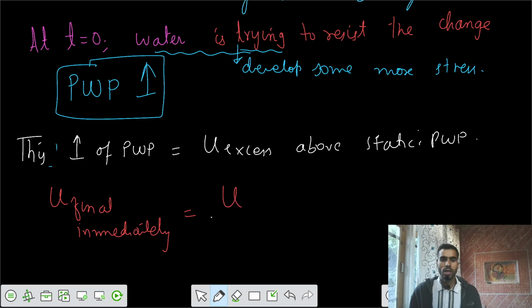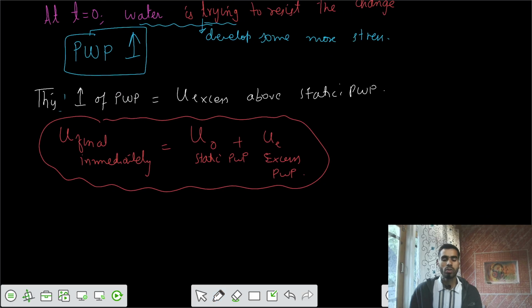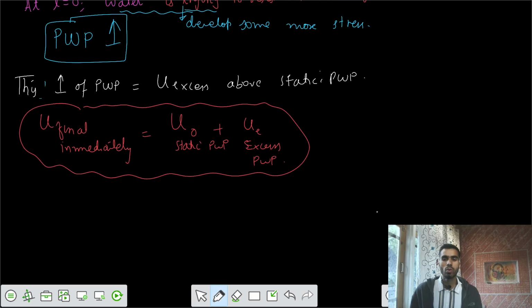That's the initial, static pore water pressure plus the excess pore water pressure. That is your final stress immediately after the load is applied, which means no stress is taken by solids at time t equals zero.